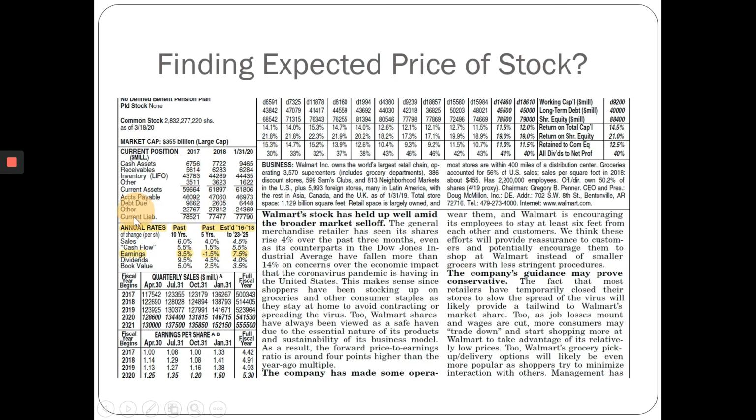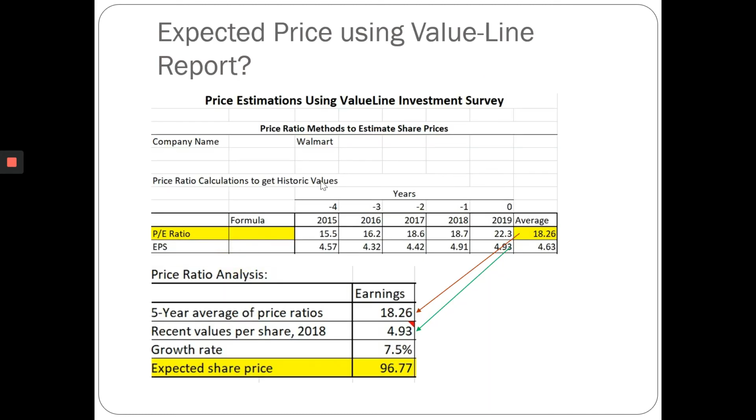So we have the annual growth. The annual growth is 7.5% for the earnings. So we can use this data and simply plug it into the formula which I have just mentioned previously. I have tabulated this data in an Excel file.